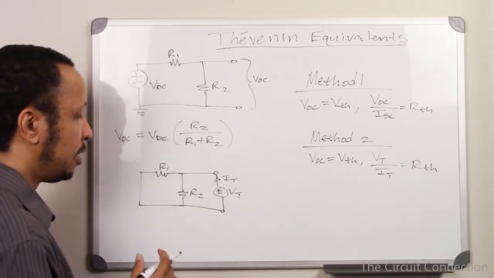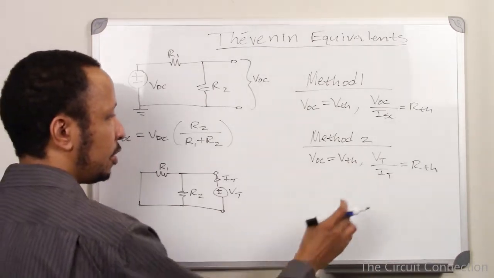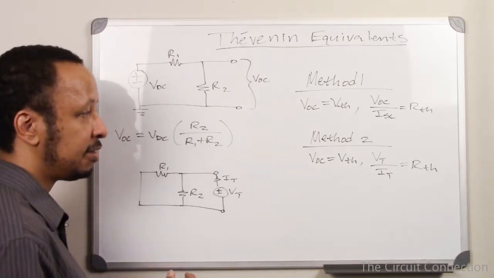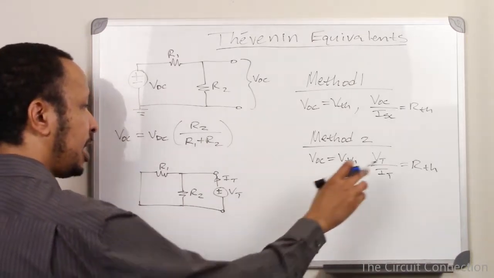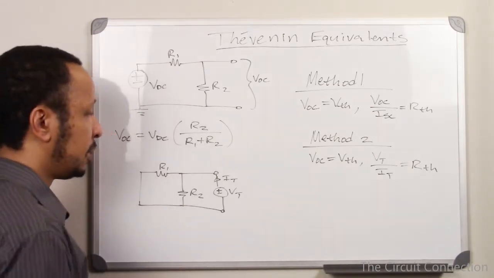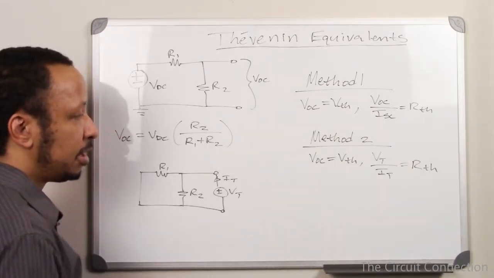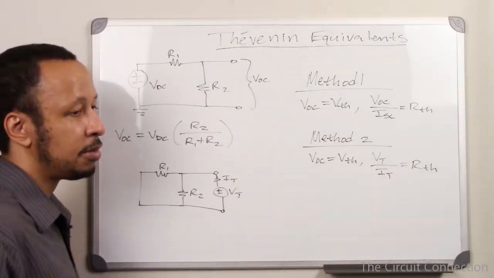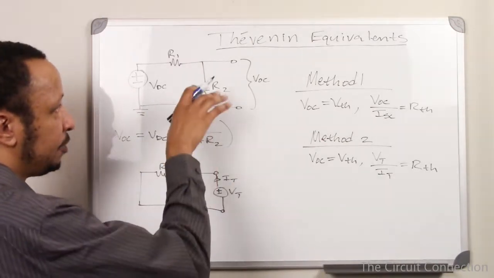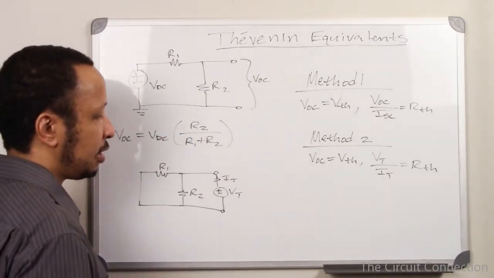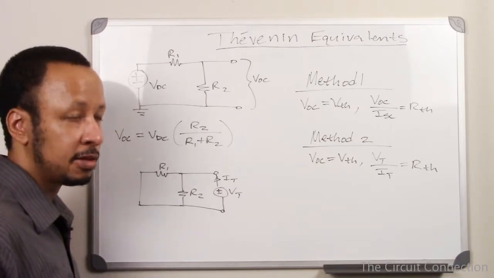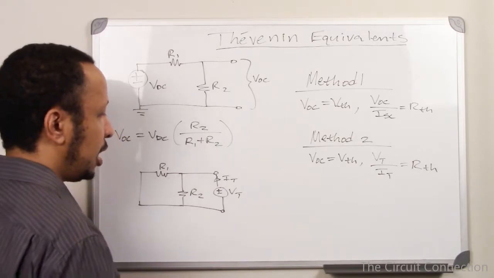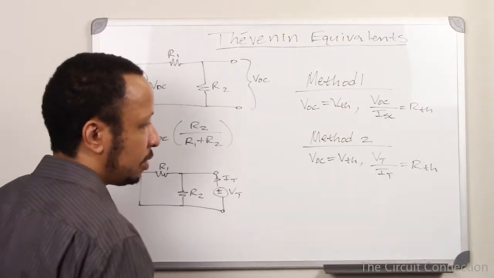You're going to take VT and divide it by your test current, and that's going to give you RTH. Usually you use a convenient value like 1 volt when you actually have numbers to work with, but VT in our case is just kept as a reference designator. All we really need to figure out is, what is IT?